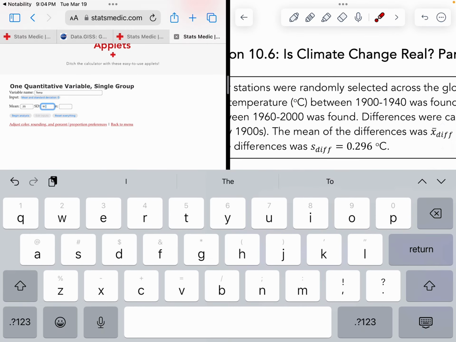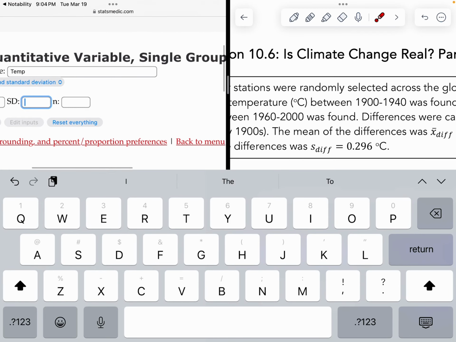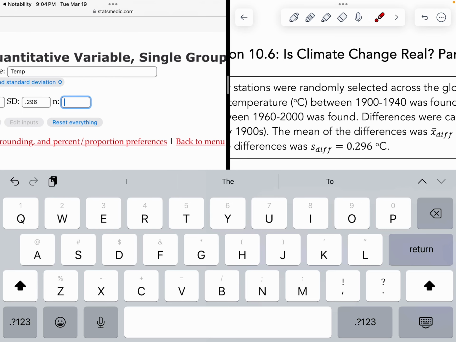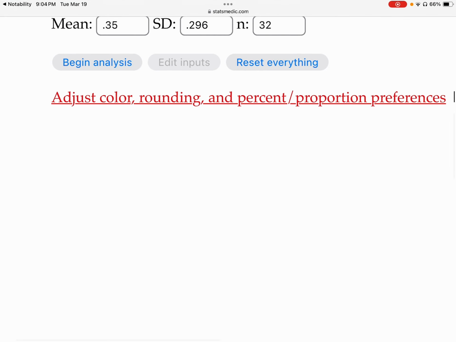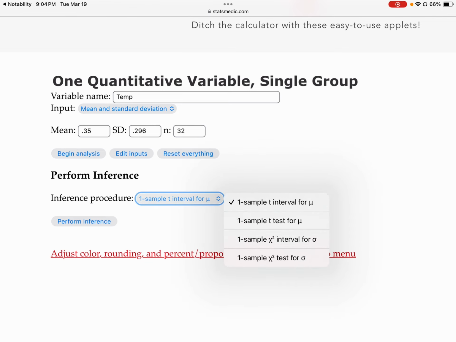It was 0.296, and the sample size was 32. So the applet can do this. Hit begin analysis, choose the right test. This is a one sample t, it's not an interval, this is a test.